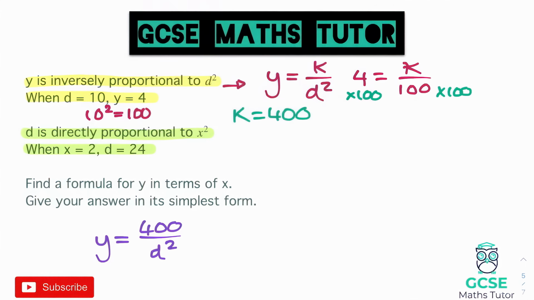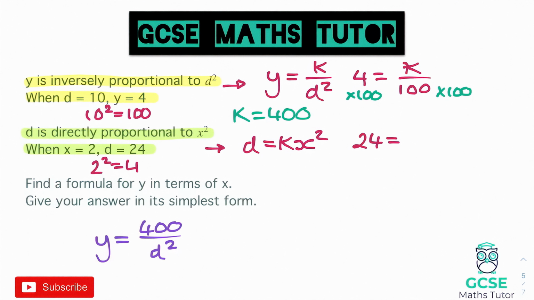Let's move on to our second statement. d is directly proportional to x squared. So let's write our formula for that. d equals k x squared. And let's plug in those values. x is 2 and d is 24. So we have 24 equals k times 2 squared. Let's do the working out on here. 2 squared equals 4. So k times 4, or let's rewrite that as 4k.